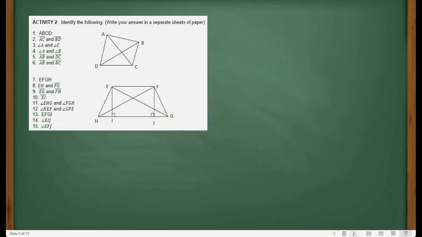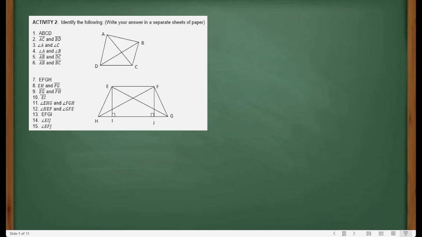Another activity. So this is activity number 2. Now from the direction, you identify the following names.